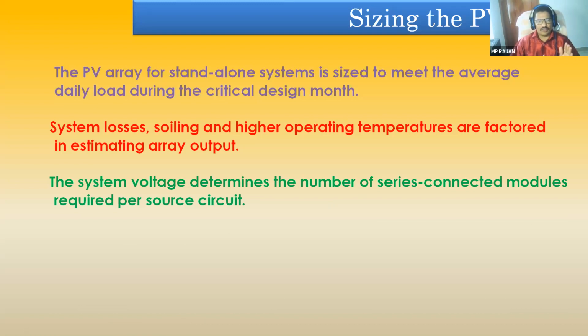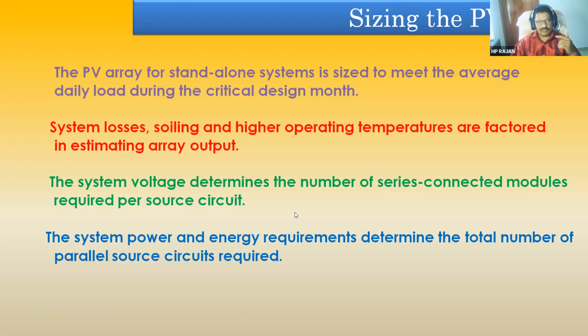Suppose your system voltage is 24 volt, you require a minimum of 2 solar modules in series, so that 17 plus 17, 34 volt will be available to charge your 24 volt battery. If your system voltage is 12, your battery size is 12, then you can connect only one panel in series, or all the other panels should be in parallel.